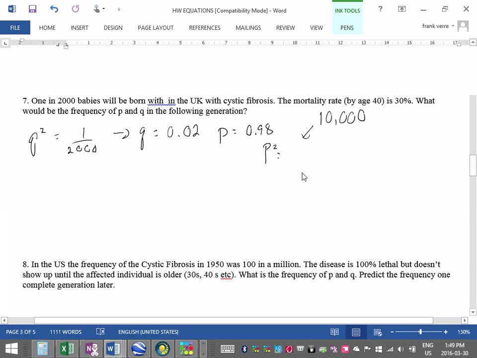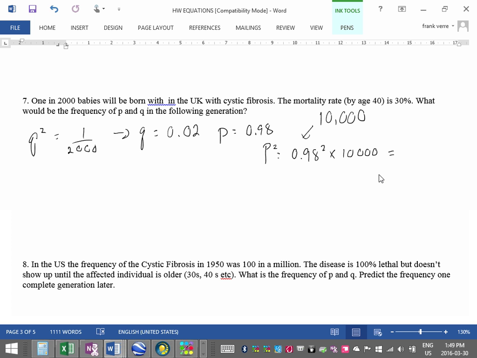How many are P squared? P squared would be 0.98 squared, right? So you would expect 0.98 squared times the number of individuals we have. P is 0.98. What's P squared?